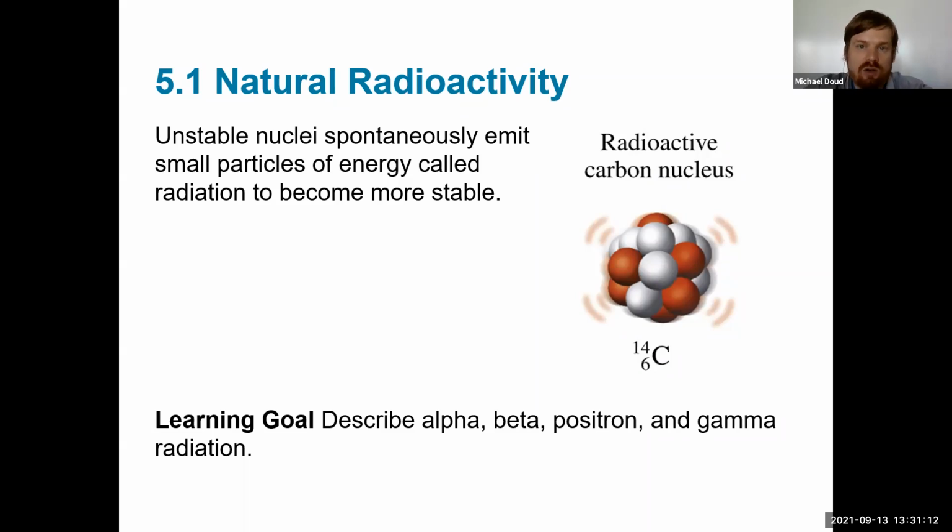Now, not all combinations of protons and neutrons are stable. For example, carbon-14 has 6 protons in its nucleus and 8 neutrons. This arrangement has too many neutrons together with the protons for it to be stable, so it's going to undergo radioactive decay. That's what we're going to talk about in section 5.1.